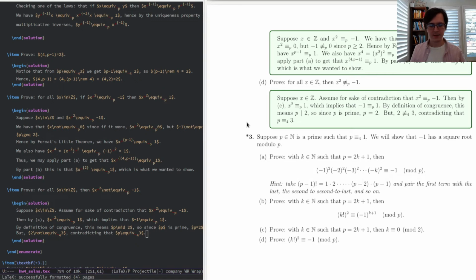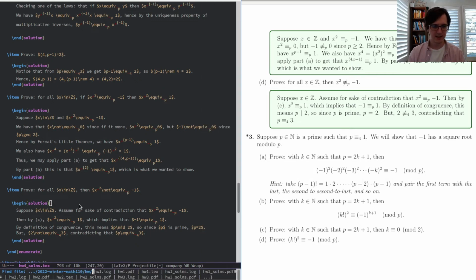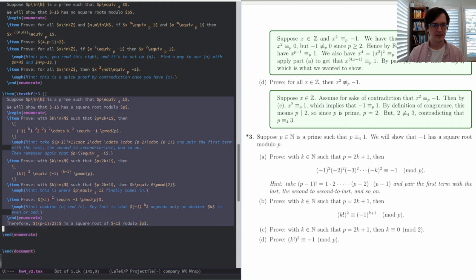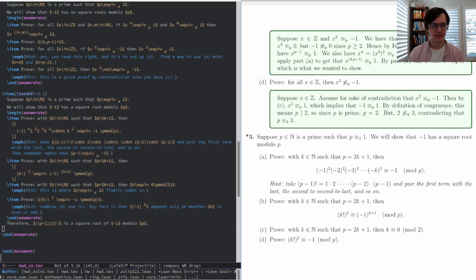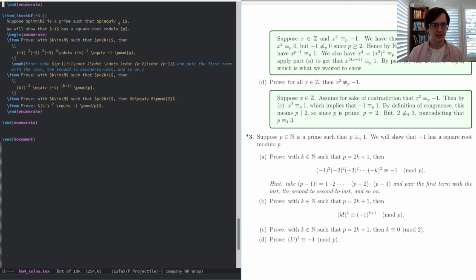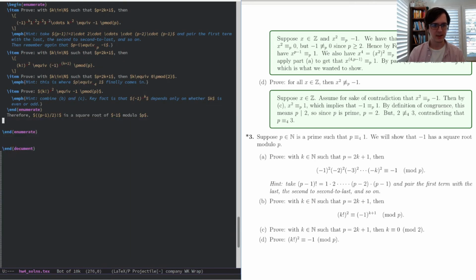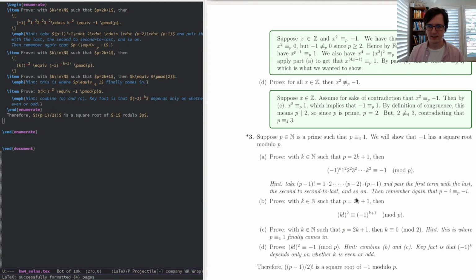Okay, now for this next problem, I'm just going to copy out this whole thing, that way I don't have to refer to it. Okay, so when it's 3 mod 4, there's no square root.